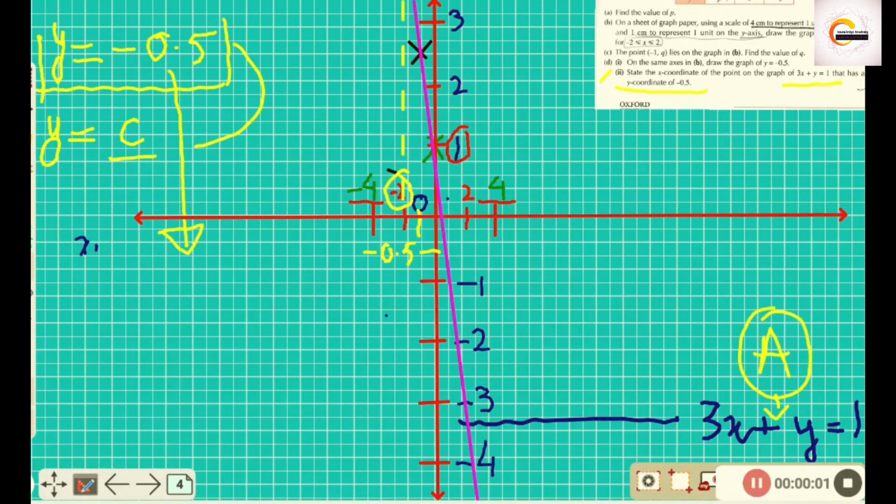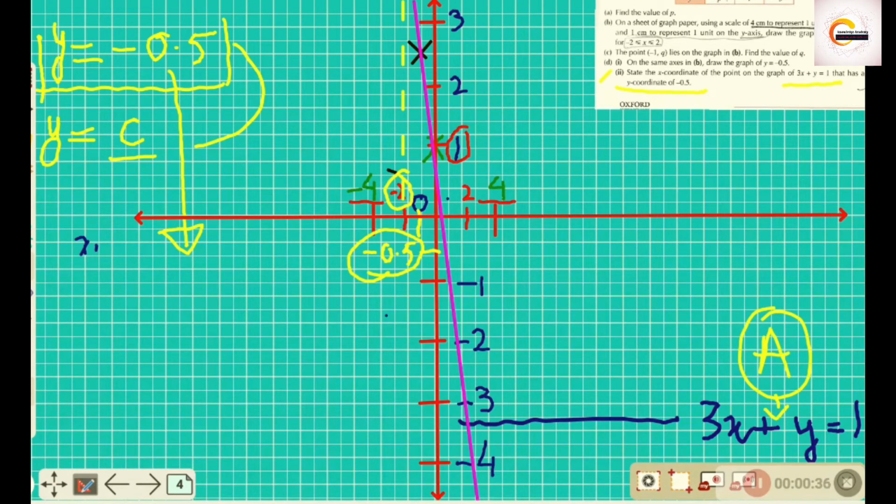Now let's get to the second part of the same question. State the x coordinate of the point on the graph of line 3x plus y is equal to 1, which is line A, and whose y coordinate is minus 0.5. We have already established where our minus 0.5 is here, and all I have to see is where a point whose y coordinate is minus 0.5 could be.